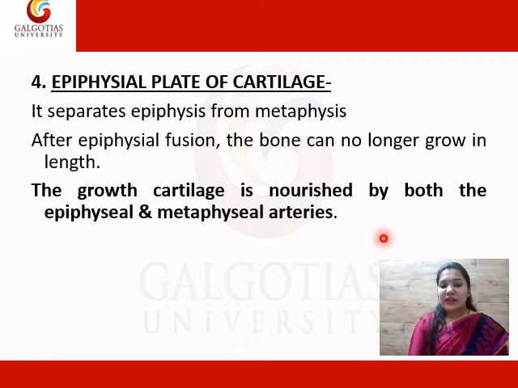The growth cartilage is nourished by both the epiphyseal and metaphyseal arteries. And as the young one grows into an adult, it is no longer present. It fuses with the epiphysis and metaphysis, making a long strengthened part of the bone.